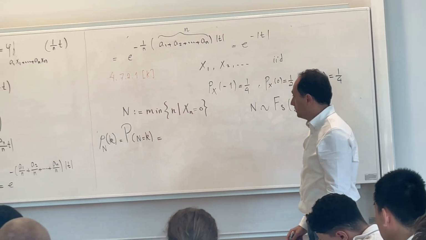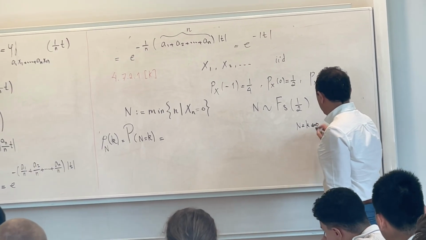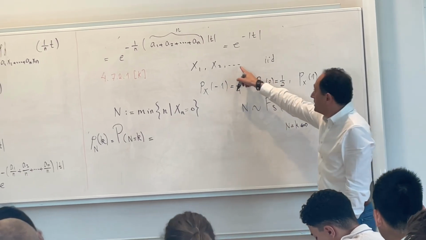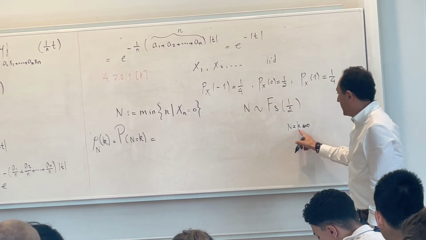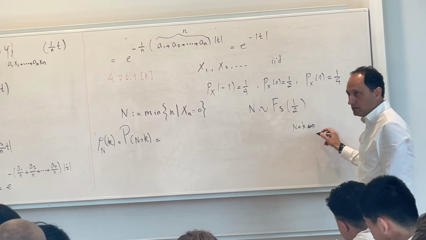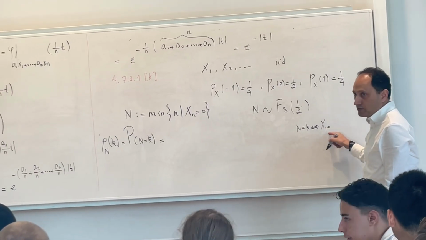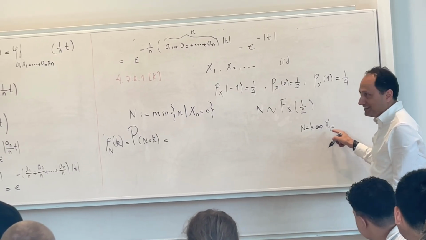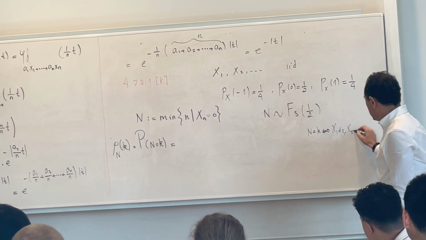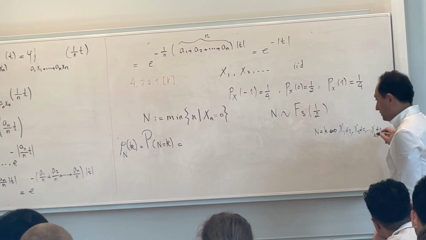So what does it mean? Can you tell me what is the meaning of n equals k? This is equivalent to saying what? The first time that I see 0 in my list is the kth place. This happens if and only if what? x1 is not 0. Yes? x2 is not 0. xk minus 1 is not 0.